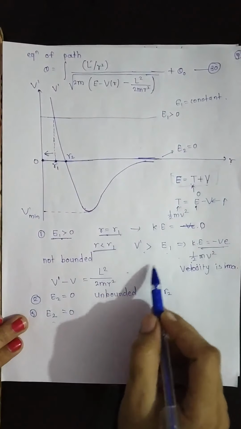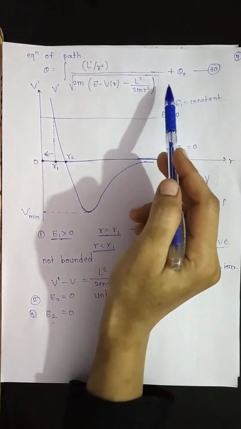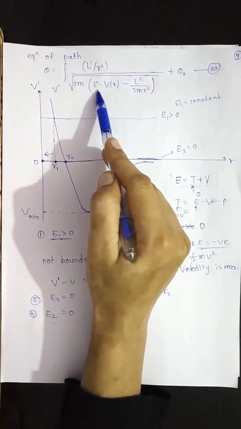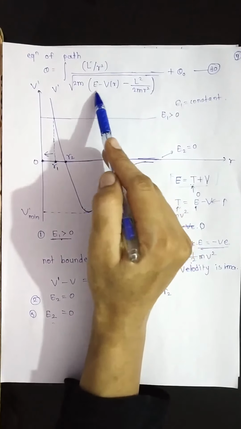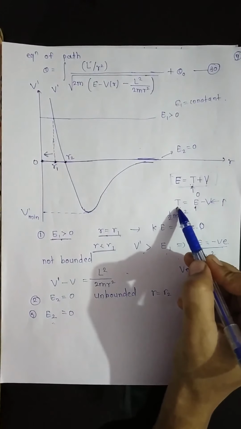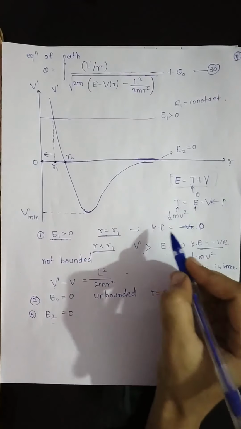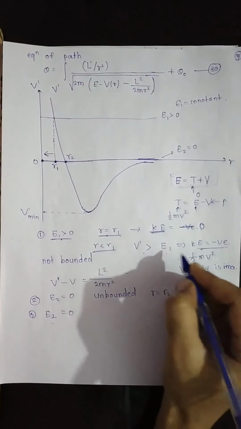So by following this discussion in equation number 30, observe this equation: you have the difference between total energy and potential energy. Therefore we discuss it as E minus V in terms of kinetic energy. That's why we discuss for kinetic energy.